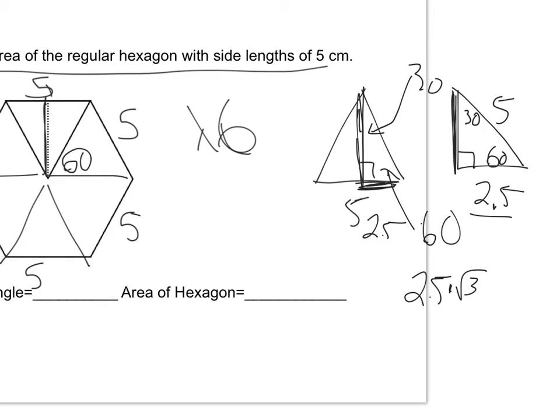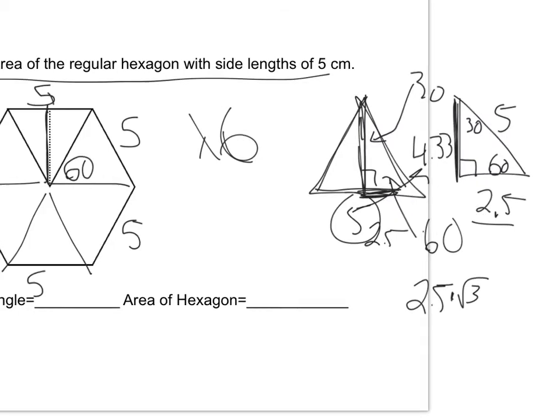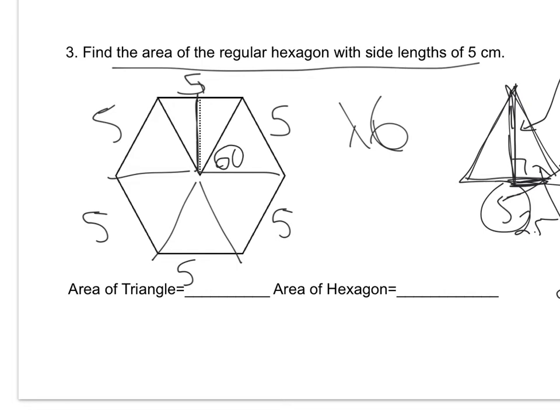So that means this is going to become 4.33. To figure out the area of the triangle, I'm going to take 5 times that divided by 2. So the area of one triangle is going to be 10.82, or 10.83 rounded. So 10.83 centimeters squared.